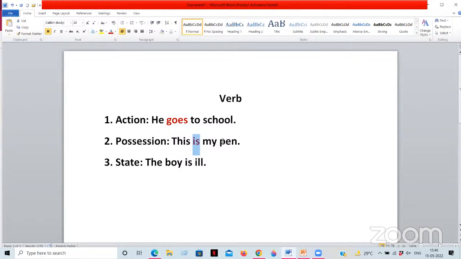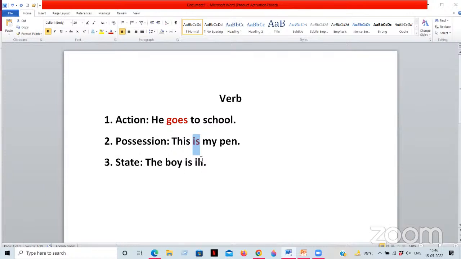So the subject is connected with the verb, and it is also connected with the object, that is, this is my pen, or this is his motorcycle. When something is under someone's possession and that is expressed with an auxiliary verb, that is called possession. So a verb also expresses possession.